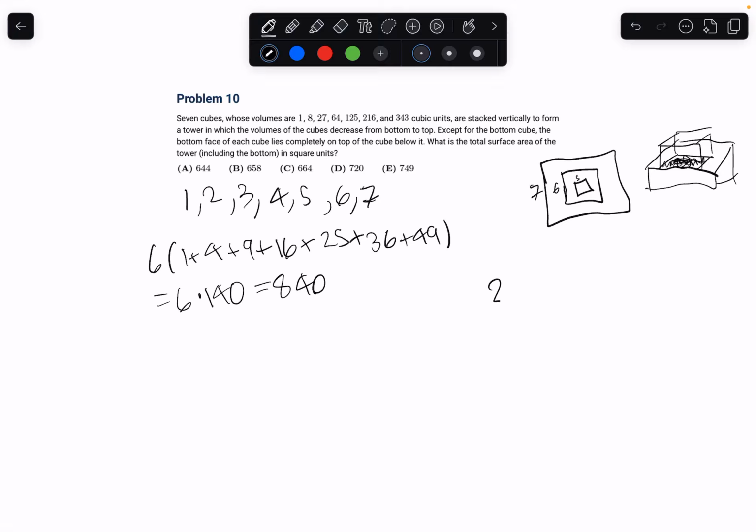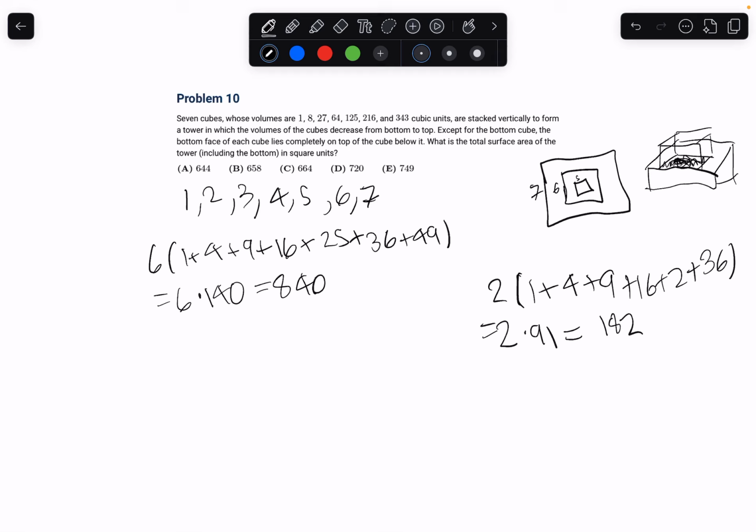So we have 2 times 1 plus 4 plus 9 plus 16 plus 25 plus 36. And this is 2 times 91, which is equal to 182.